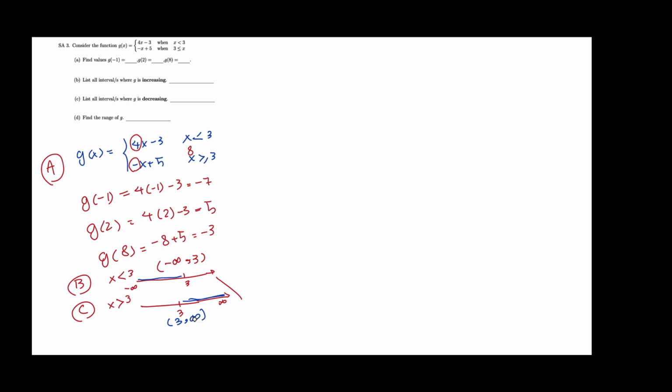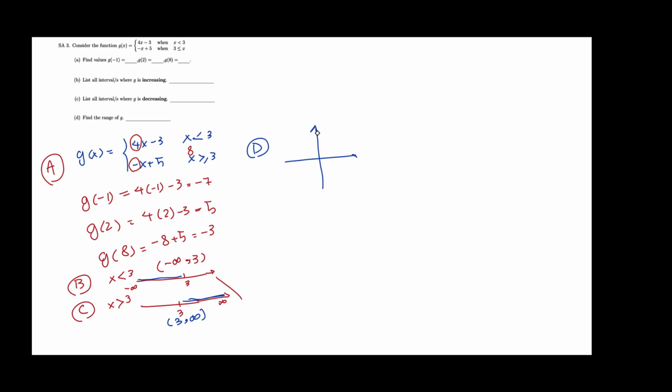The last part is asking me to find the range of g. Here I need to know what happens at x equal to 3, very immediately before and after 3. So for part D, I need to know the shape of the graph.